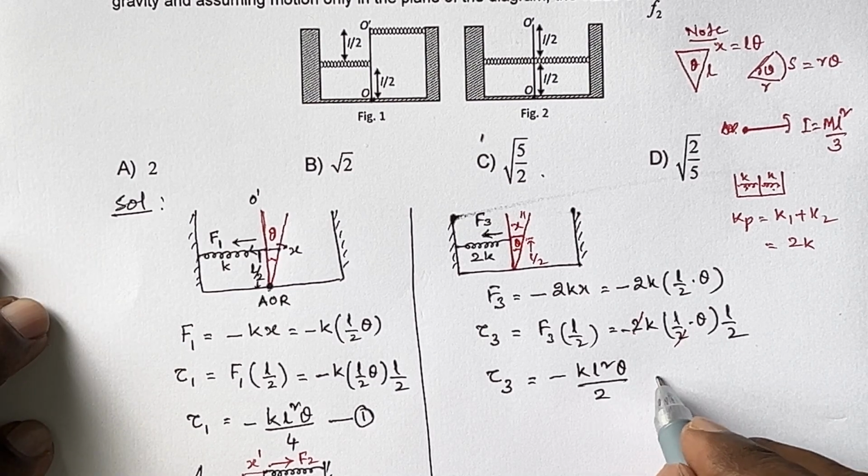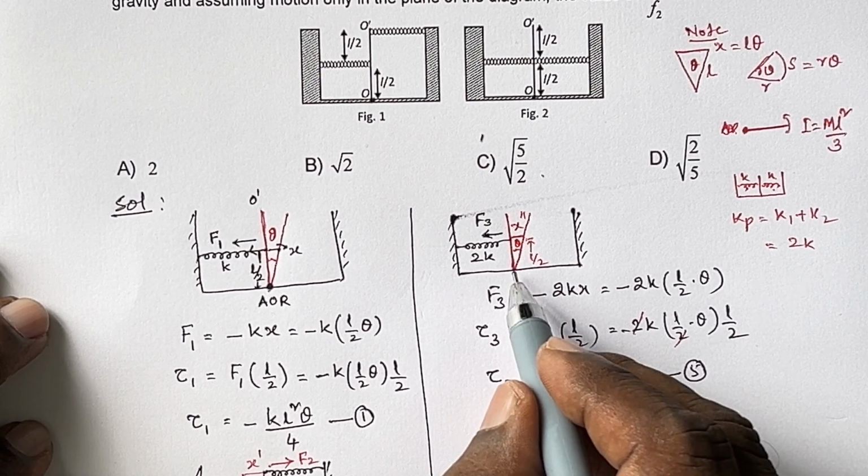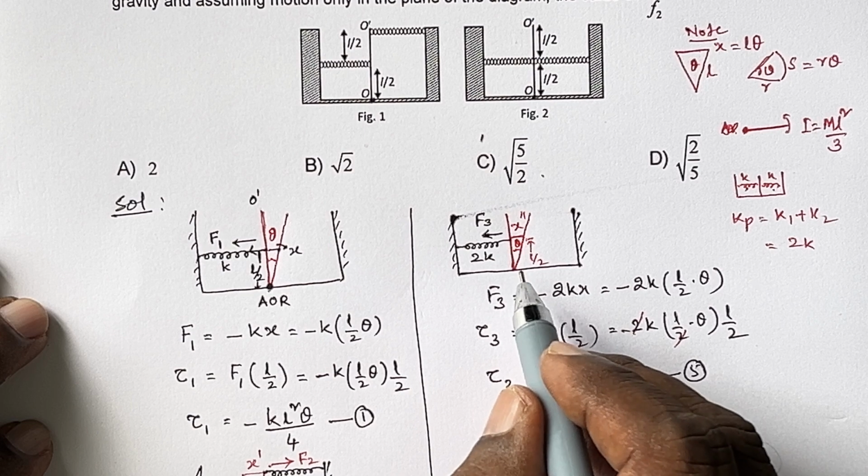So now tau is equal to I alpha. Because the fulcrum is at one end of the rod, the axis of rotation is passing through one end of the rod, so the moment of inertia is mL squared by 3.